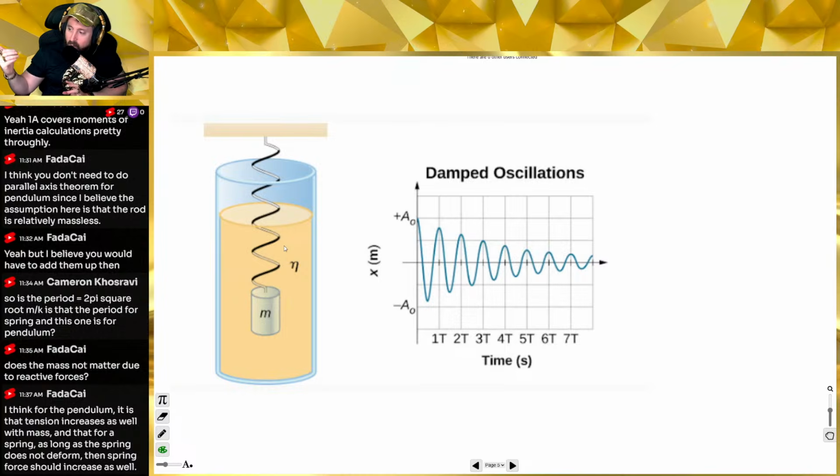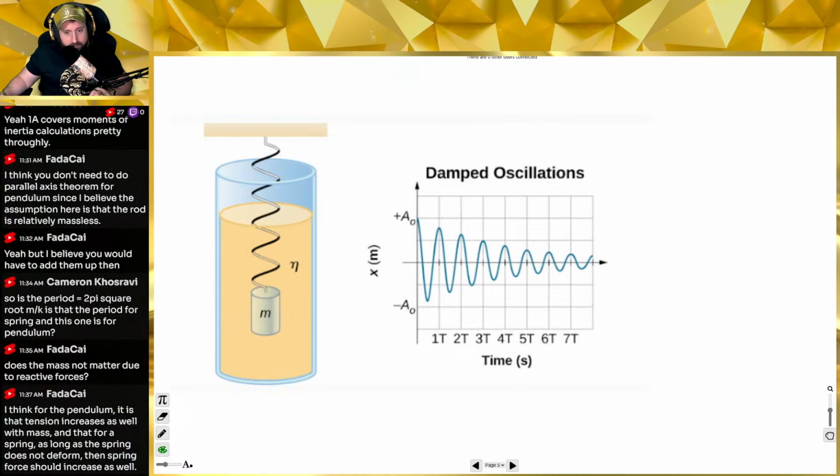In the same way that when a car is going down the highway, the air or fluid it's trying to go through starts creating resistance and a drag force that doesn't enable you to move as quickly anymore. So in the same way here, the mass going up and down, moving through a fluid, is going to cause a drag force, which is going to oppose the restoring force. As the spring tries to bring it back up, you have drag forces trying to keep it down.